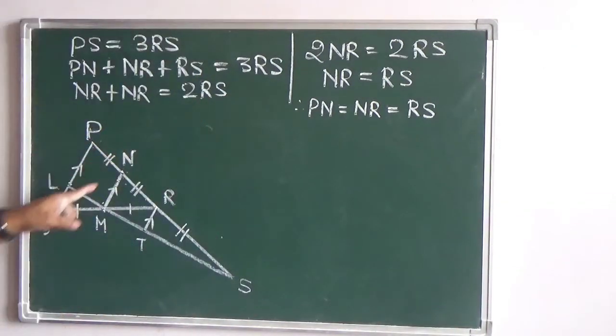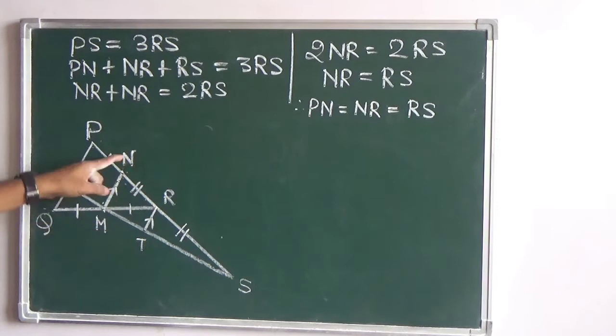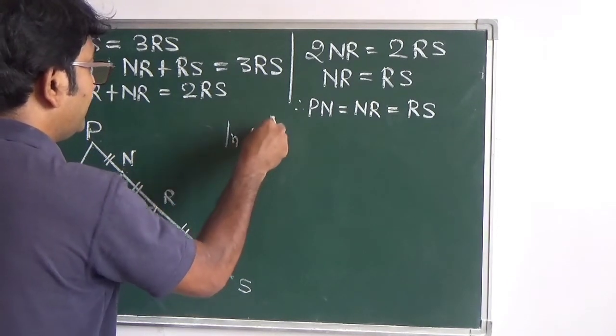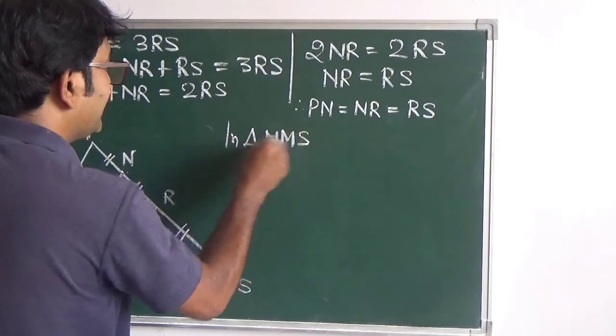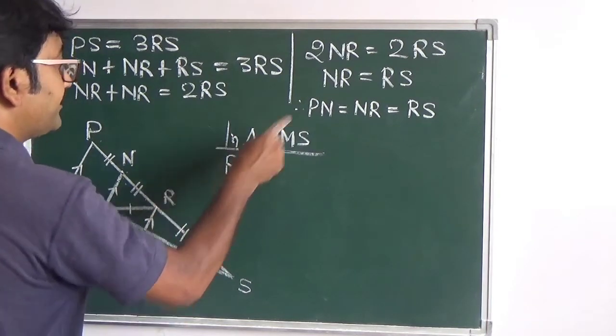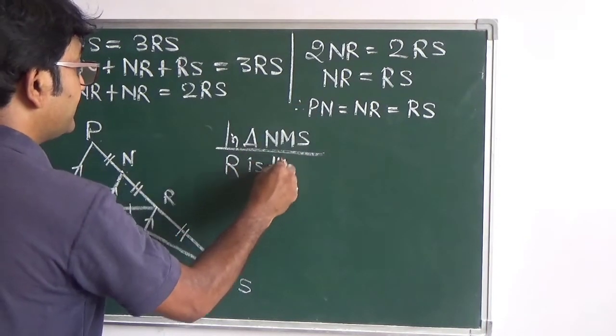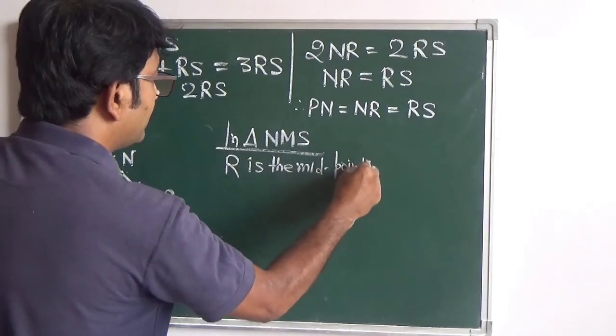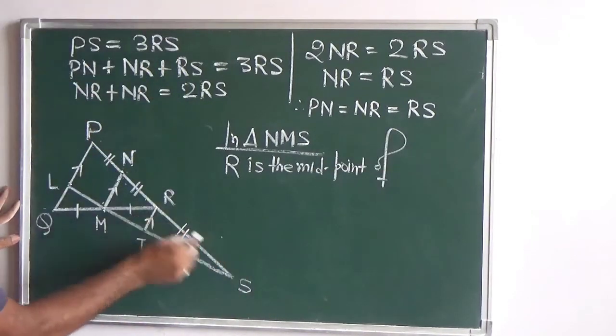Let us look into this triangle NMS. In triangle NMS, what do we have? R is the midpoint of SN. We have just proved R is the midpoint of SN.